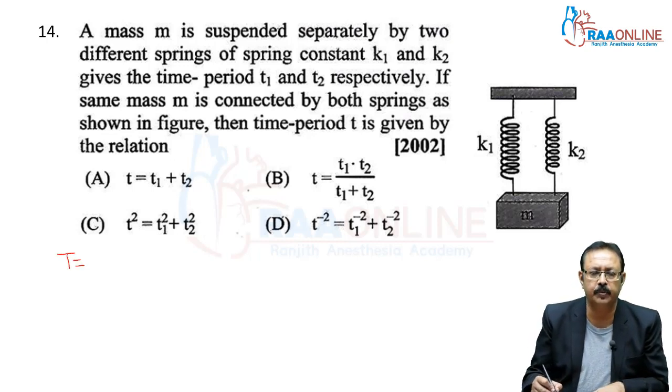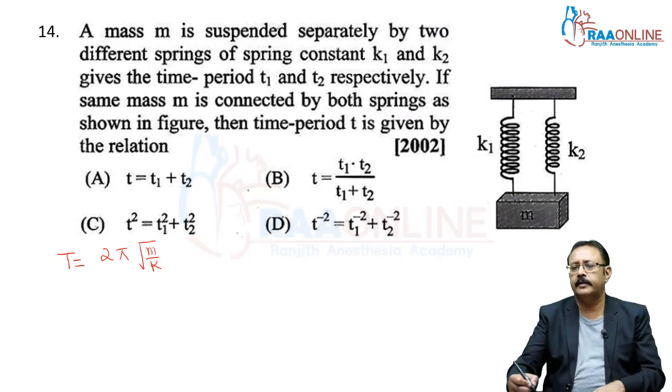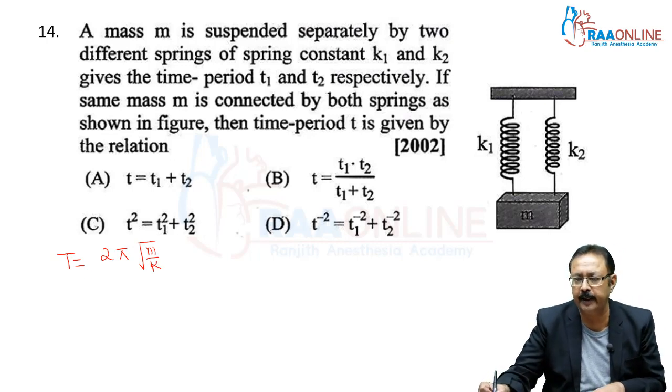T is equals to 2 pi root over m by k. We know that this is the parallel case. In parallel, the equivalent spring constant is given by k is equals to k1 plus k2.